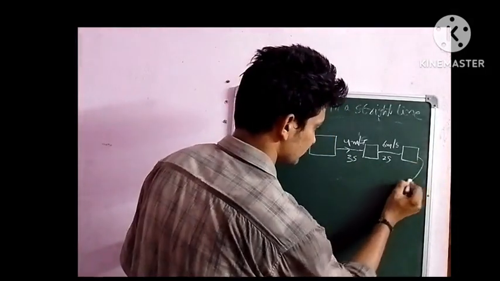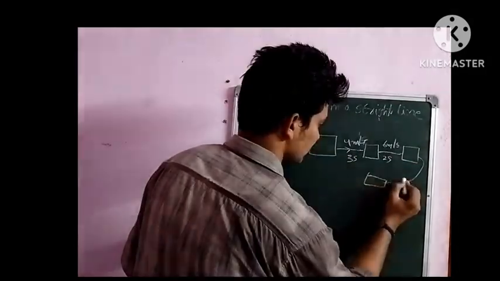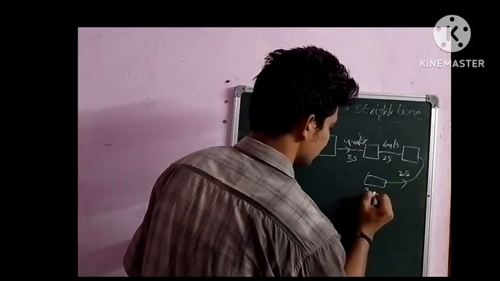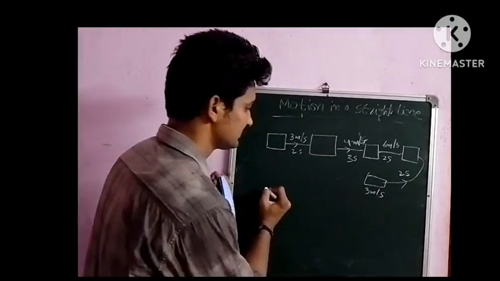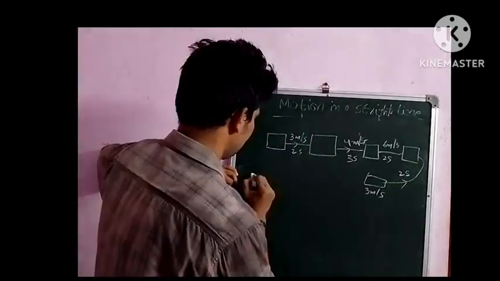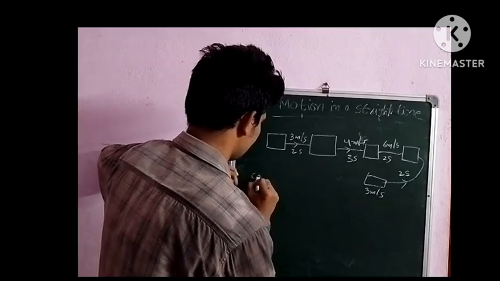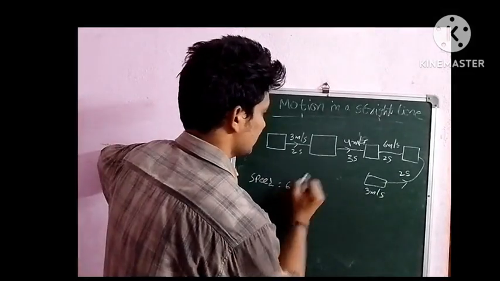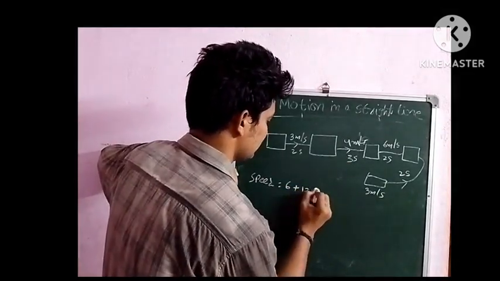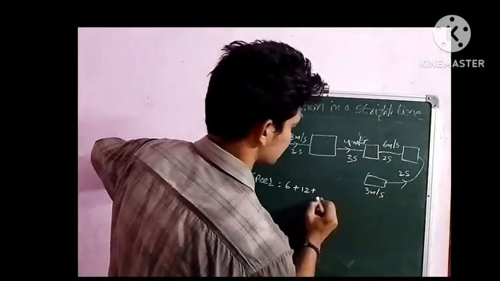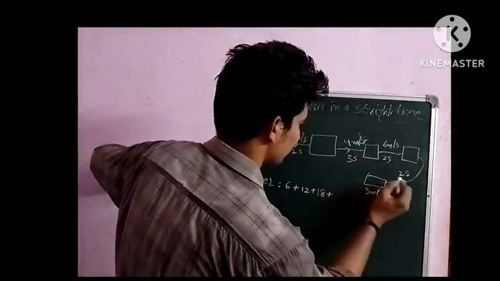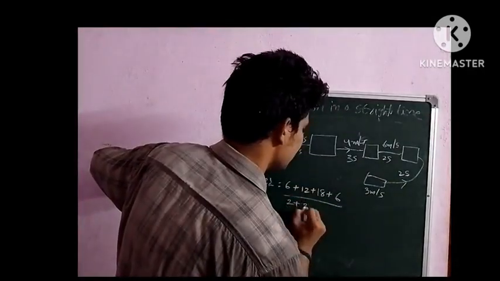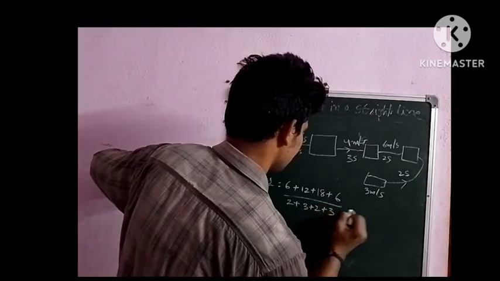What if they take a U-turn in 2 seconds at 3 meter per second? What is the average speed? 6 plus 12 plus 6, that is 18 plus 6, over 2 plus 3 plus 2 plus 3.